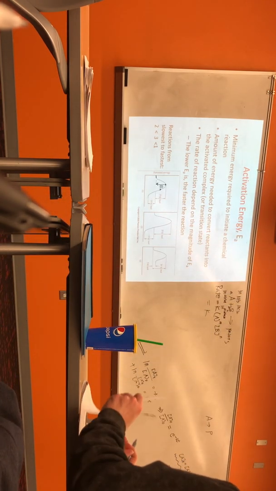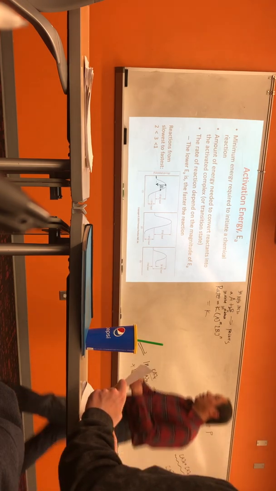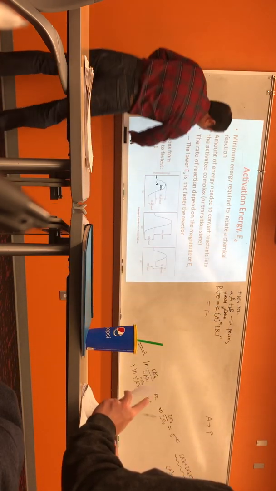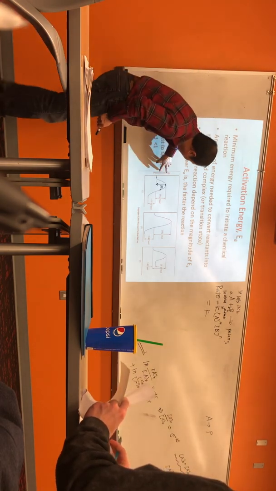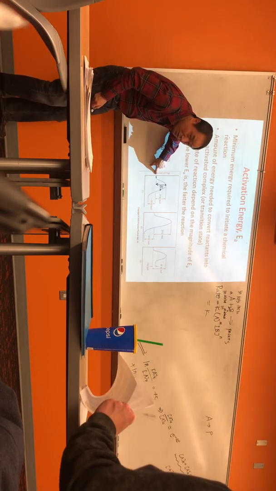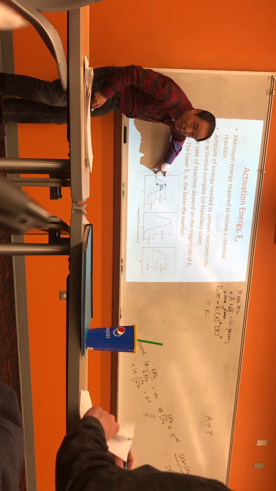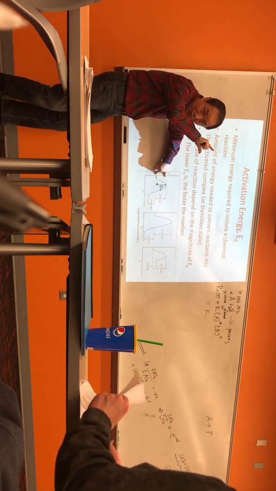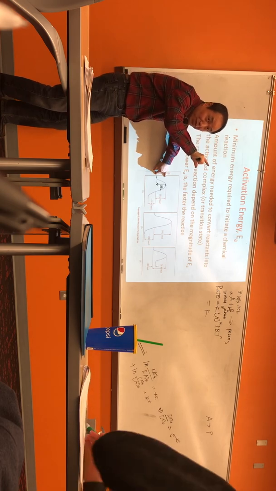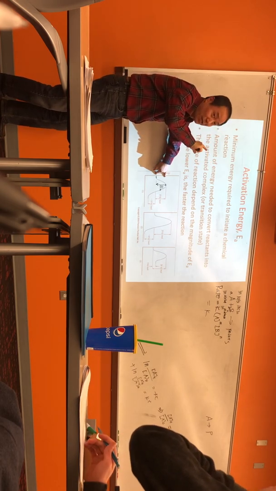Can you explain one more time how you got the order? Are you subtracting one number from the other? We are looking at the difference between the reactant and the transition state, because that's the height of the barrier. So the height of the barrier is what determines the reaction rate constant.